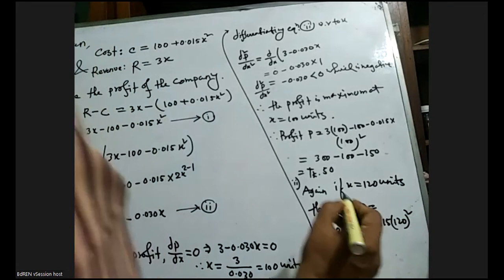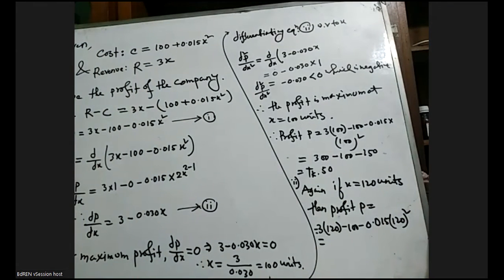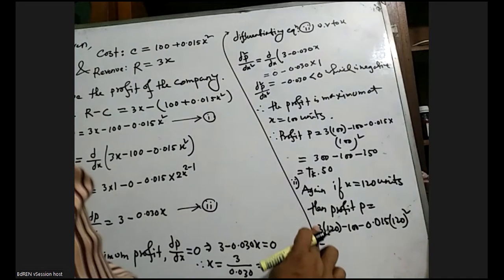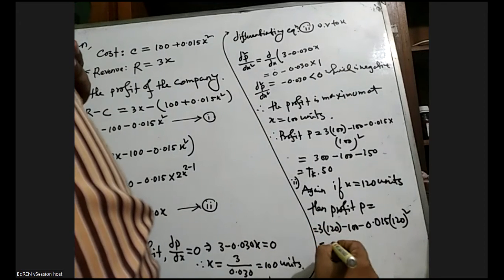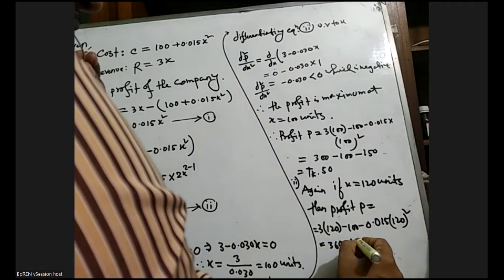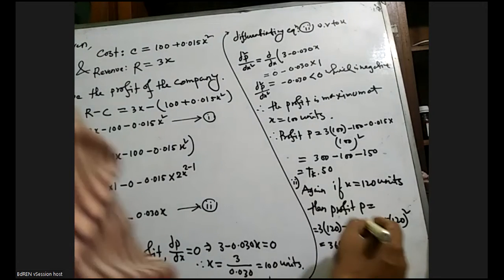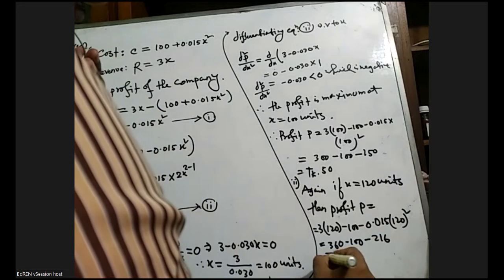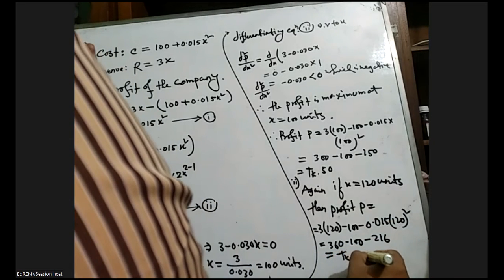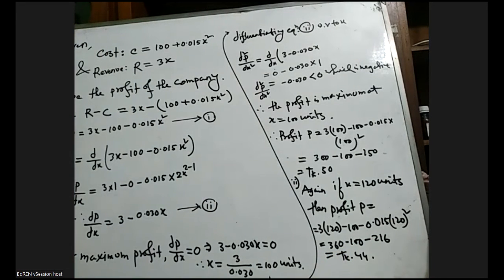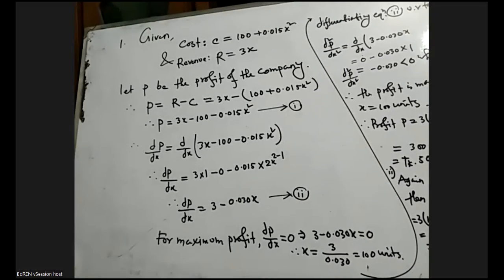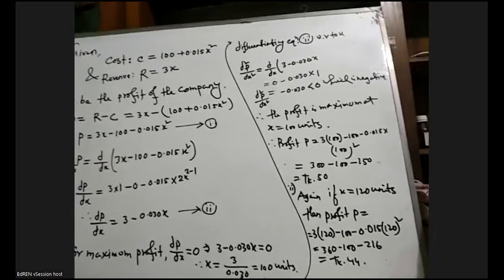So this equals 360 minus 100 minus this multiplication will be 216. This equals taka only 44. This 44 will be the profit. So this is the first part and this is the second part.